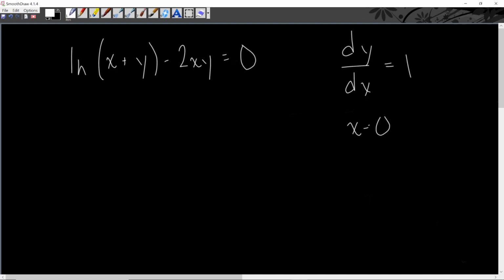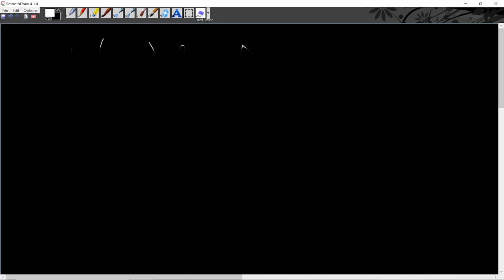So this is called a differential equation because we are given a point and we have to find a specific solution to the derivative. So that's why it's called a differential equation. And from there, we can go on to our next example.